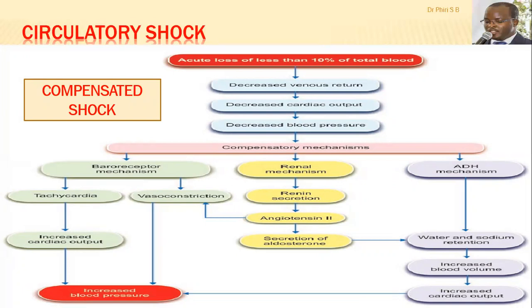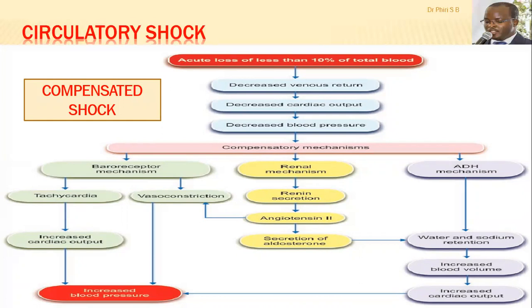So once the firing of action potentials is reducing, the nucleus of tractus solitarius in the medulla oblongata is going to activate the cardio acceleratory centers, inhibit the cardio inhibitory centers, and at the same time stimulate the vasomotor center within the medulla oblongata. So the blood vessels will be constricting because there will be release of norepinephrine by the sympathetics.